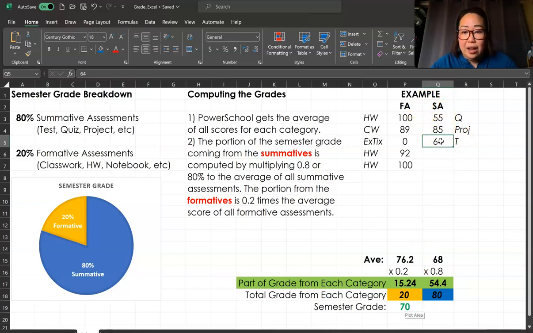We are not saying that you do not put in effort on the formative assessments. We are not saying that you do not do your homeworks, that you do not do your classwork or whatsoever.